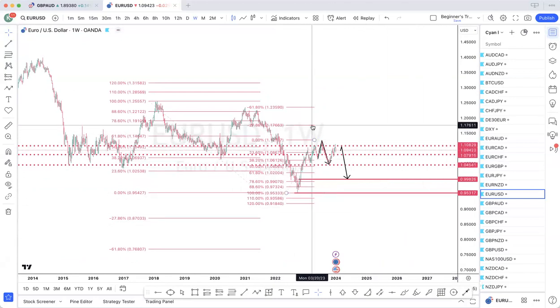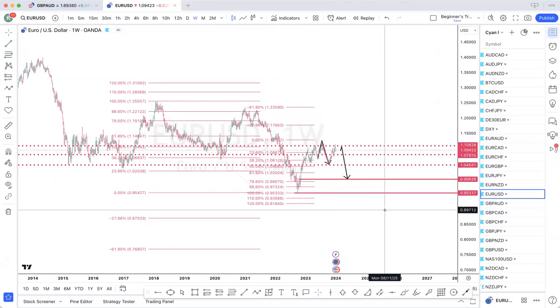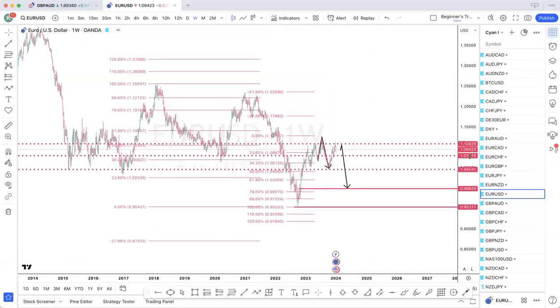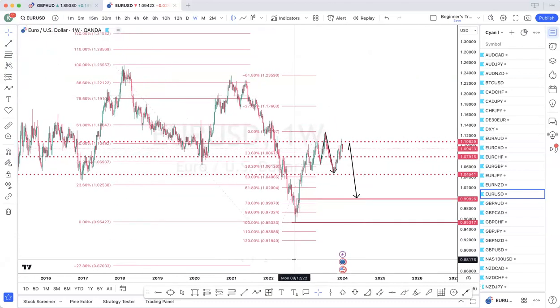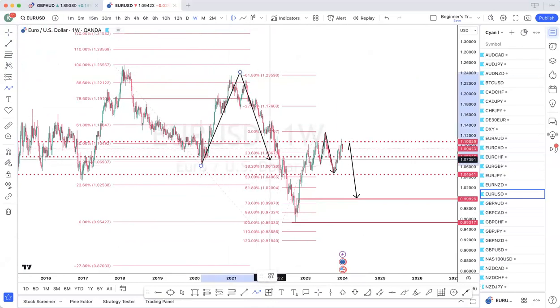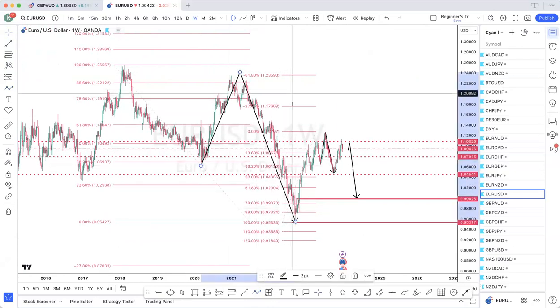But it can come to the negative 27 and then start selling some more. It would still be in a sell zone at the negative 27. As long as it doesn't break these highs, it would still be in the sell zone.